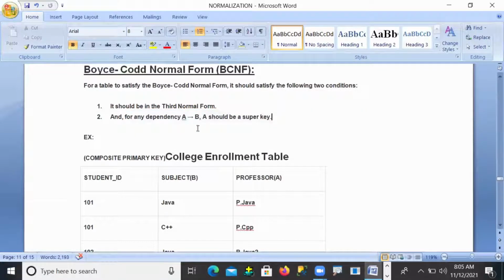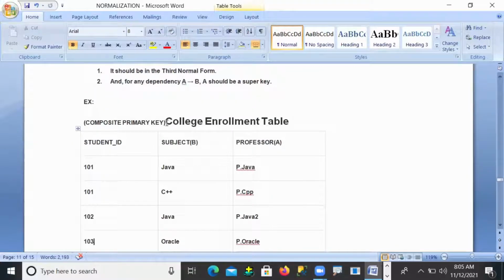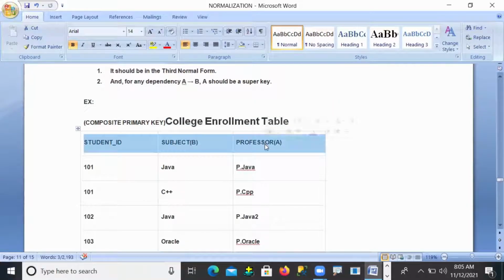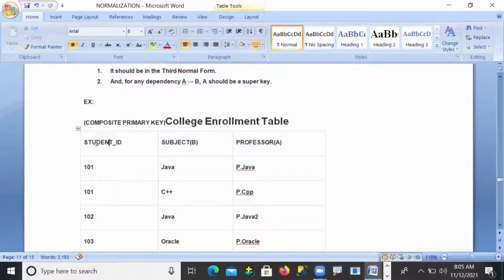Okay, fine. So now let me check, guys. For example, let me take the college enrollment table. In the college enrollment table, I have taken student ID, subject, and professor. Here, on student ID and subject, these two columns, I applied a composite primary key.